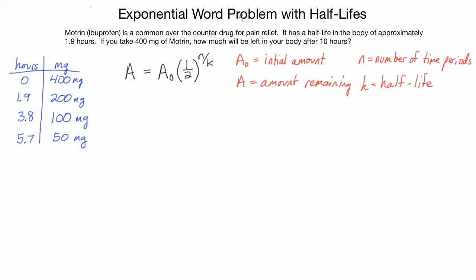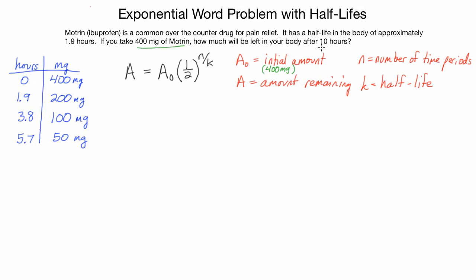Okay, so let's use that to then write a function that we can use to represent this problem and solve it out. So in my function, I know my initial amount, we're starting with 400 milligrams. That's how much of the Motrin that we took at the very beginning.